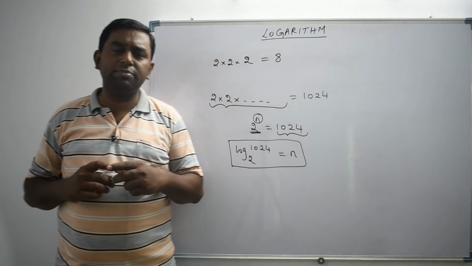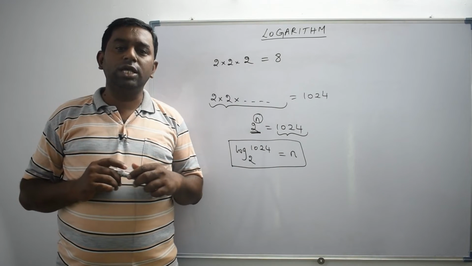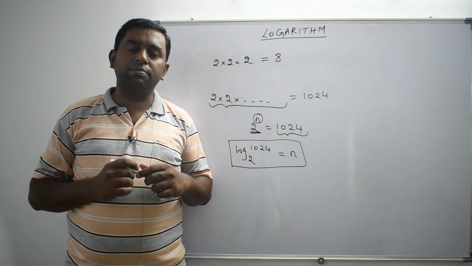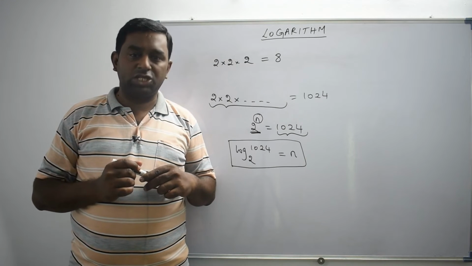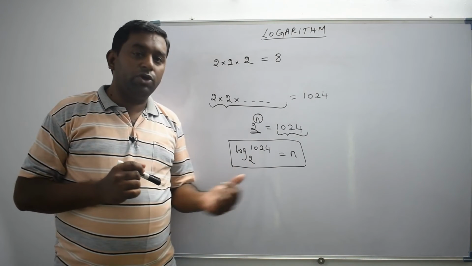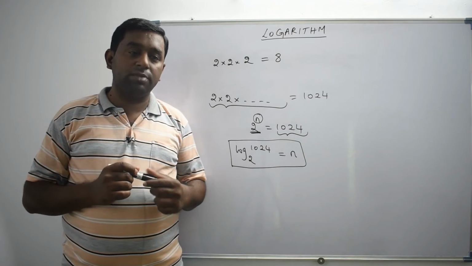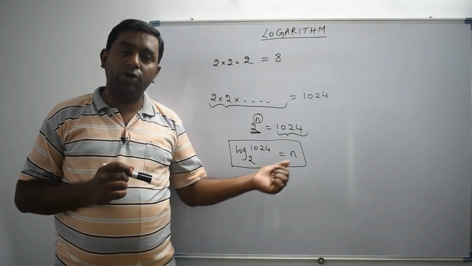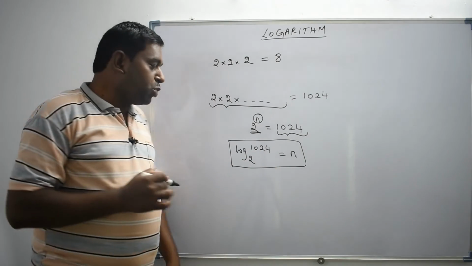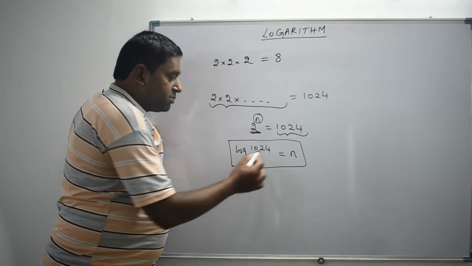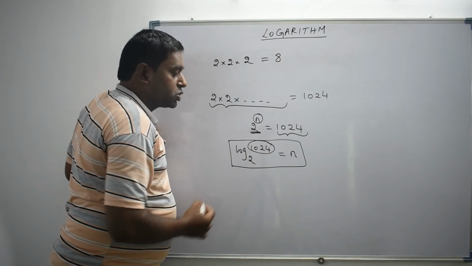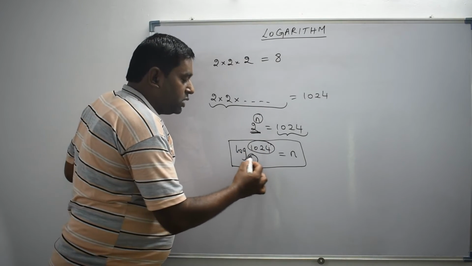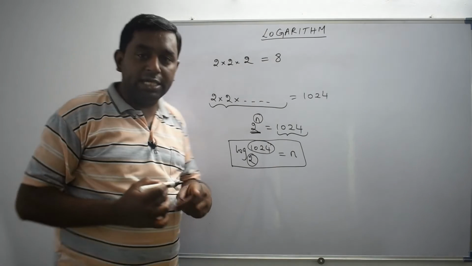This equation can be solved using one of the fundamental laws of logarithm that we will see in the upcoming sections. Only if you know the fundamental laws of logarithm will you be able to solve this equation for n. One more important thing: in a logarithm, the value we have here is called the argument and the value we have here is called the base.